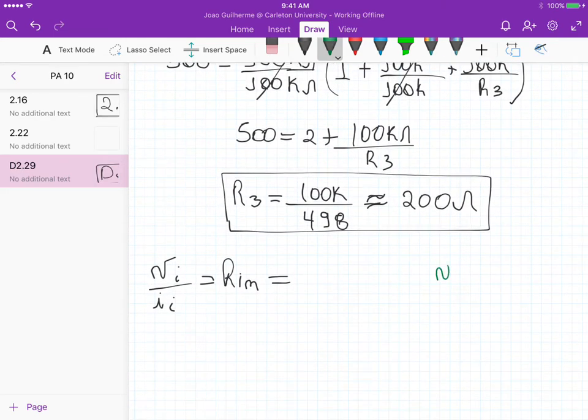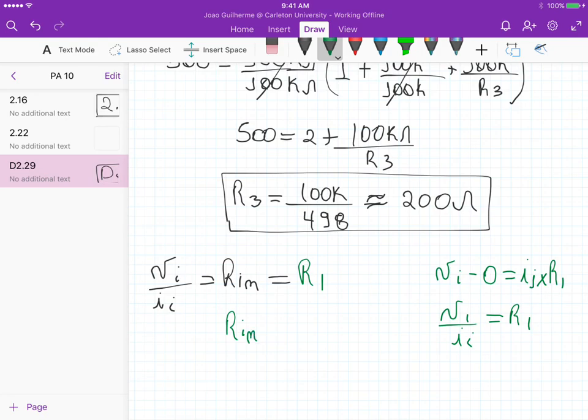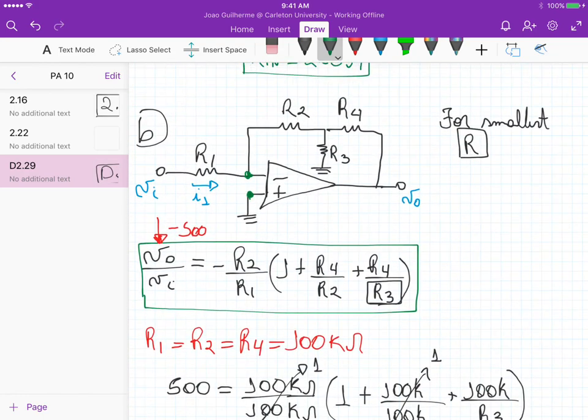VI minus 0 is equal to I1 times R1, and this gives us the ratio VI over I1 equal to R1. So in this case the input resistance is also equal to R1, and our input resistance is equal to 200 ohms, which is the same input resistance, the smallest input resistance, that we got from the previous circuit.